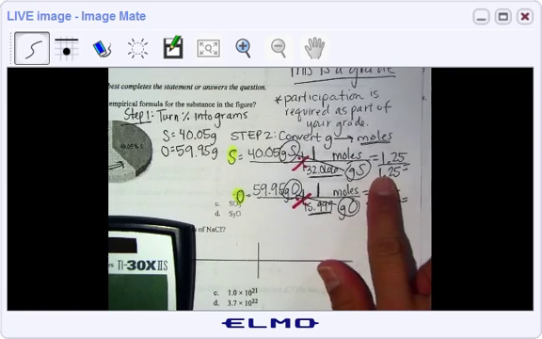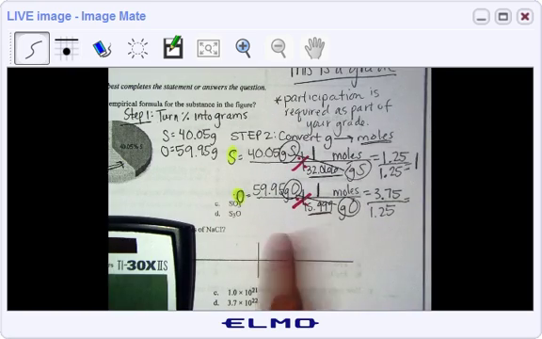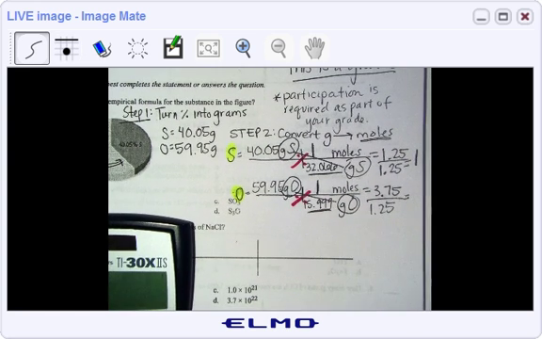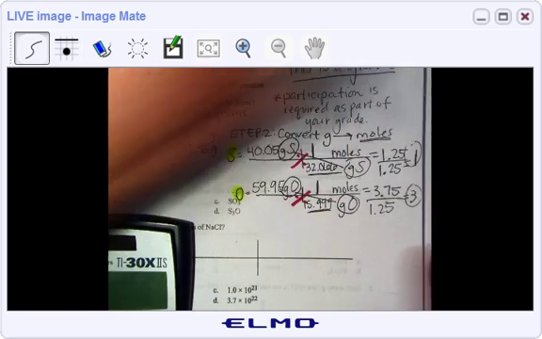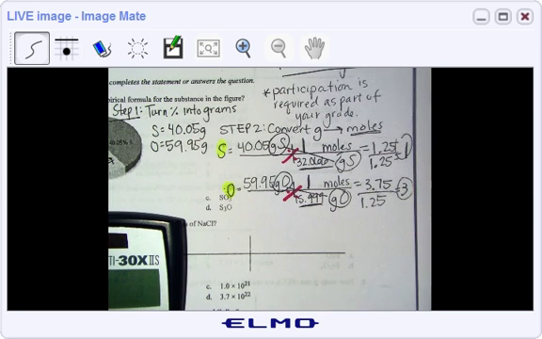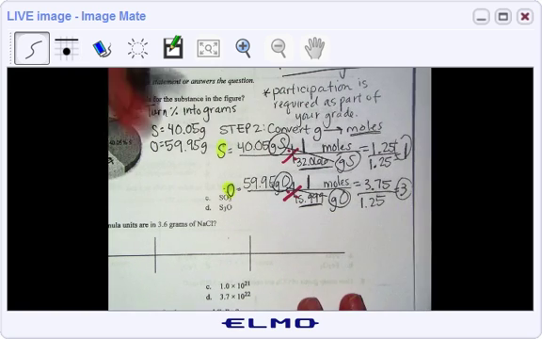So 1.25 divided by 1.25 is 1. And here, 3.75 divided by 1.25 is 3. These numbers that you just calculated, those are now the new subscripts. It's the lowest whole number ratio for empirical, but I always just say it's the reduced. It's in this lowest form.